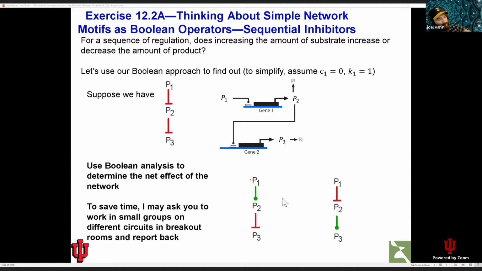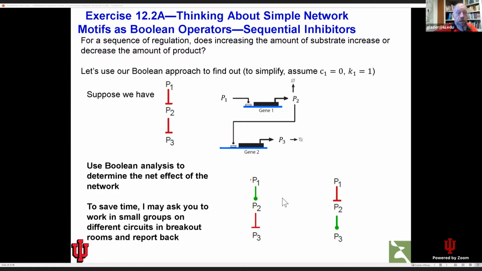So if the net effect of P1 activating P2, which activates P3, can be summarized as P1 activating P3, how do we define a K that is the combination of the two K's beforehand? Is it just the sum of K1 and K2? Good question. If K1 equals K2, then the K for the whole thing is that K. Right, okay, we are assuming they are equal.